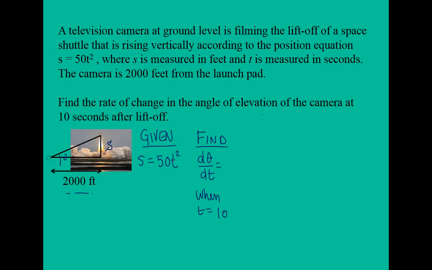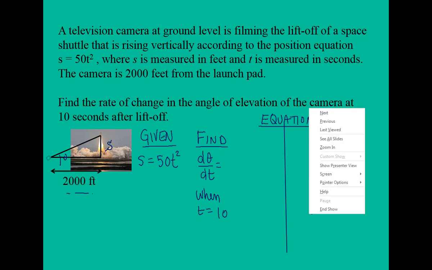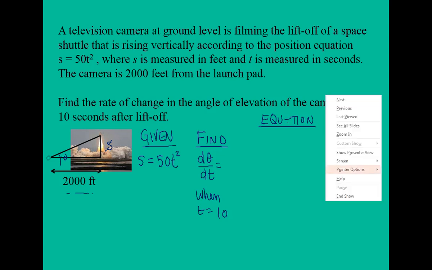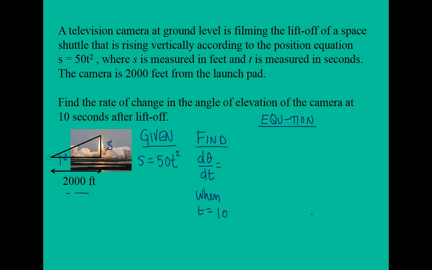So since we have the opposite side of the angle and the adjacent side of the angle, we probably are going to use our tangent. So we would have the tangent of theta equals S over 2000.